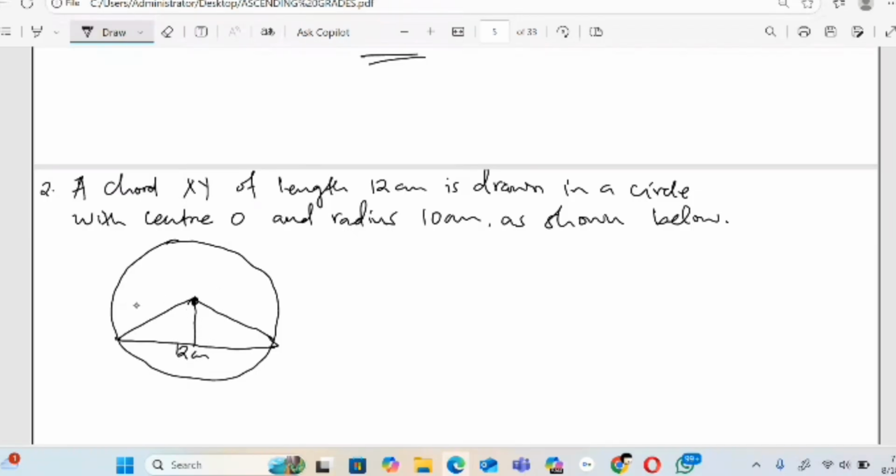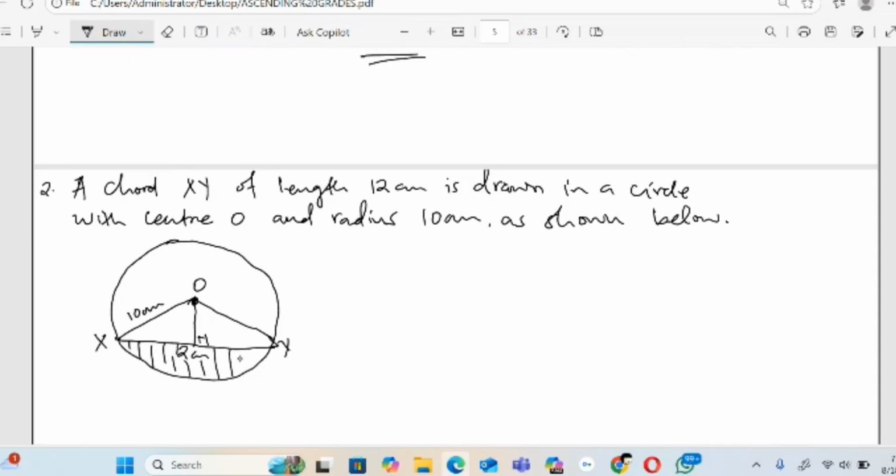Then we have this is point X, this is point Y. Then center O here. So this is point M. It bisects the line XY at point M. So this is now the shaded part.